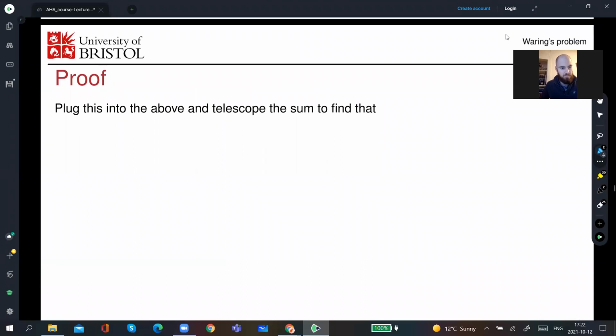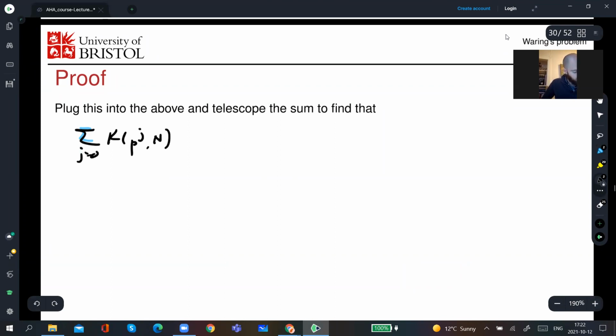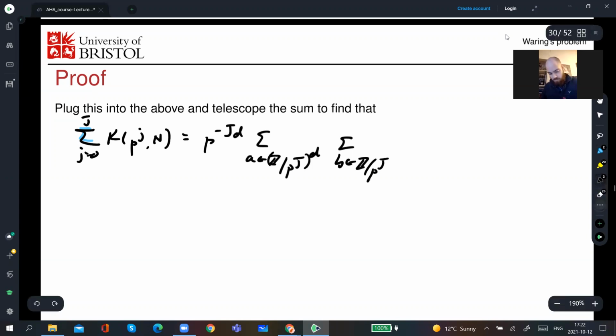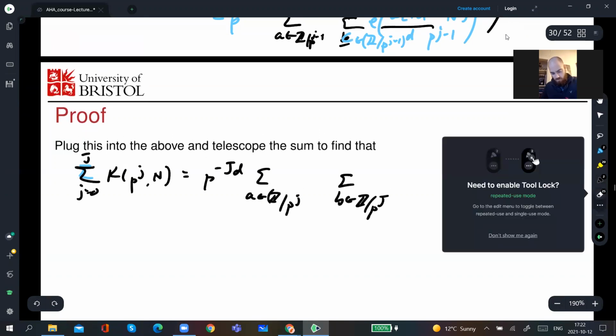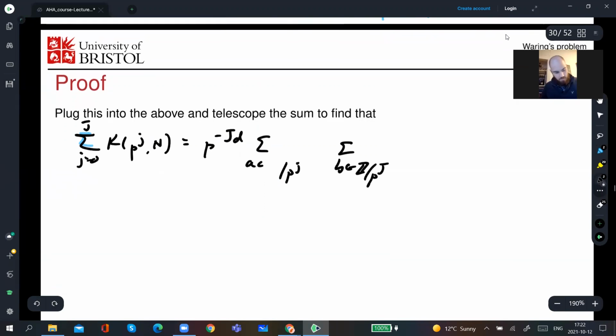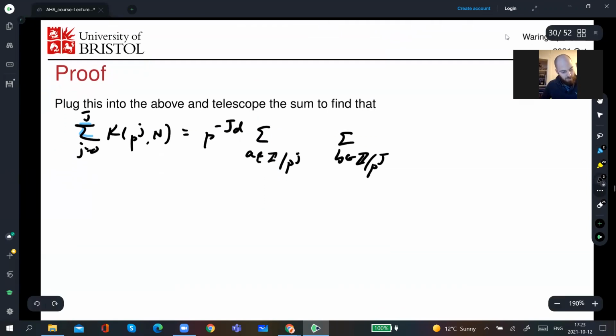In particular, this is just saying that the sum over j from 0 to big J of the sum of k p to the j of n is equal to p to the minus Jd, the sum over a in z mod p to the big J, the sum over b in z mod p to the big J, in d directions, or d dimensions.